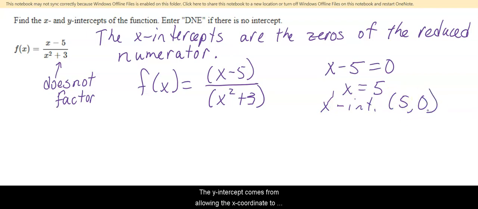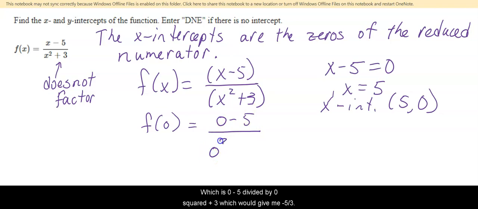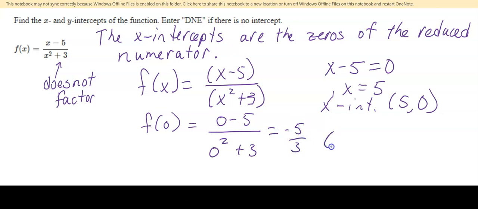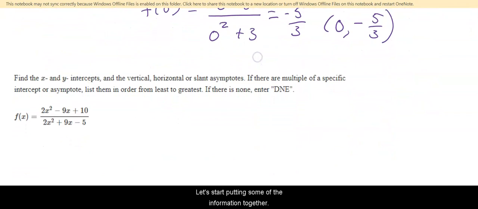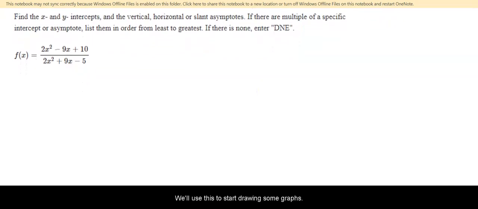The y-intercept comes from allowing the x-coordinate to be 0, or f of 0, which is 0 minus 5 divided by 0 squared plus 3, which would give me negative 5/3. That's the ordered pair 0, negative 5/3. Let's start putting some of the information together. We'll use this to start drawing some graphs.